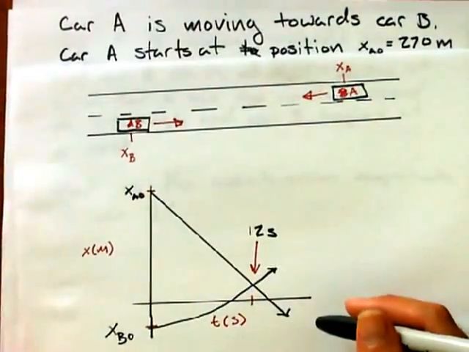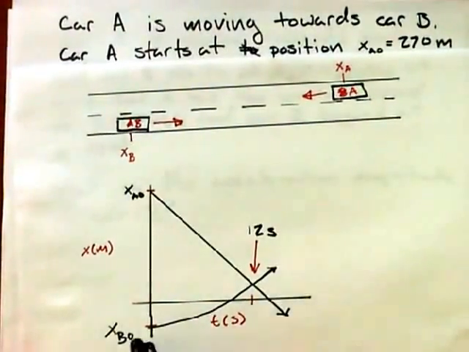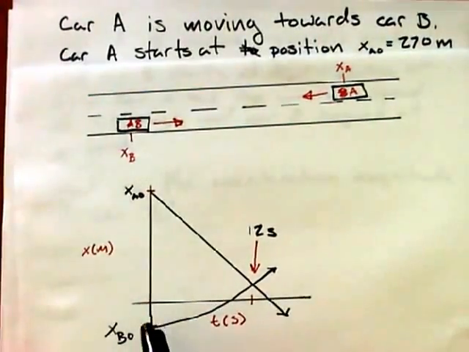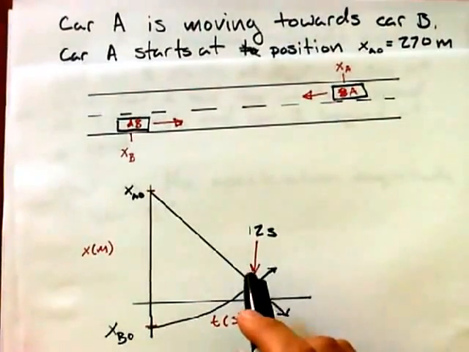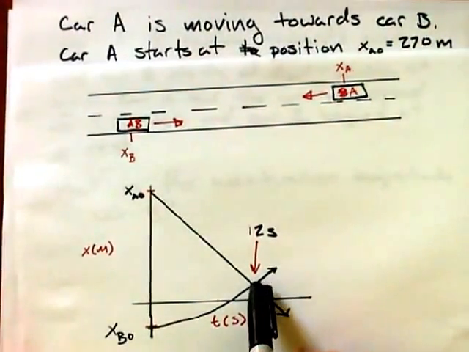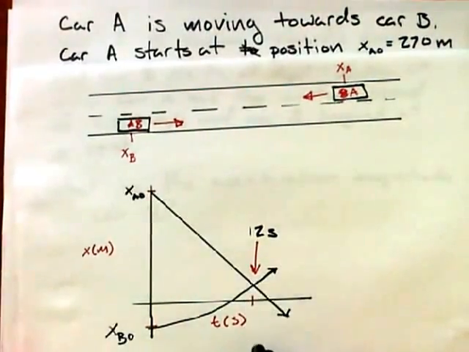A is traveling at a constant speed, and B increases speed because it starts at 0 and then increases until it hits 12 seconds. What we want to figure out is the acceleration at this point for car B.